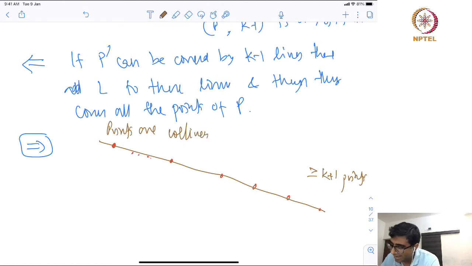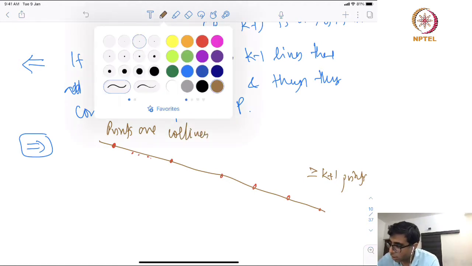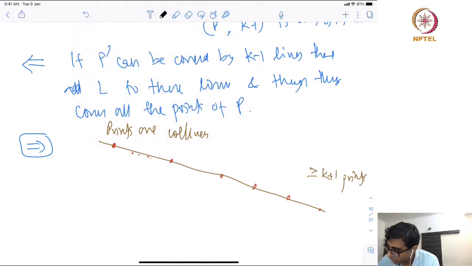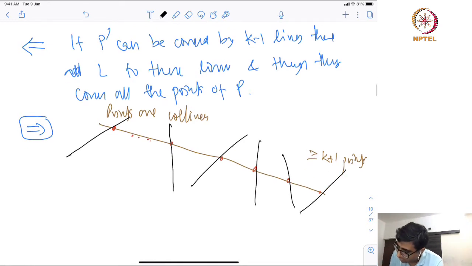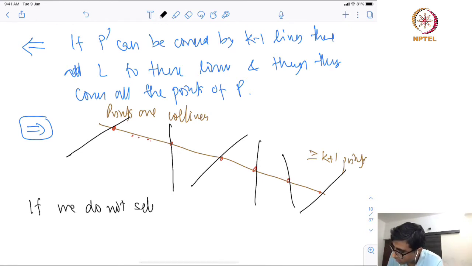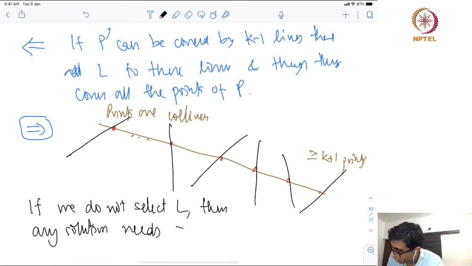Now, if I do not pick this line, any other line can cover at most one point. What does it imply? If we do not select L, then any solution needs at least k plus 1 lines.